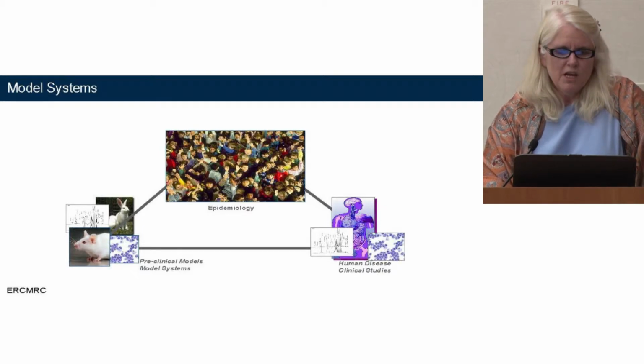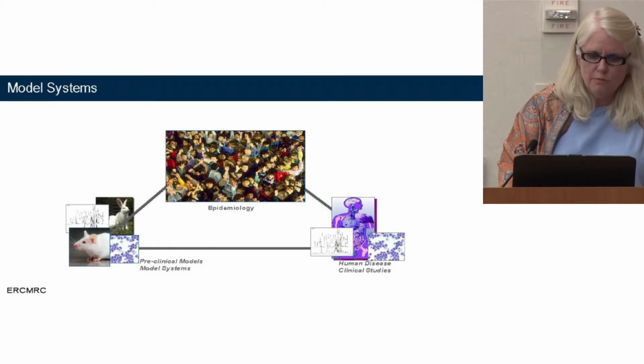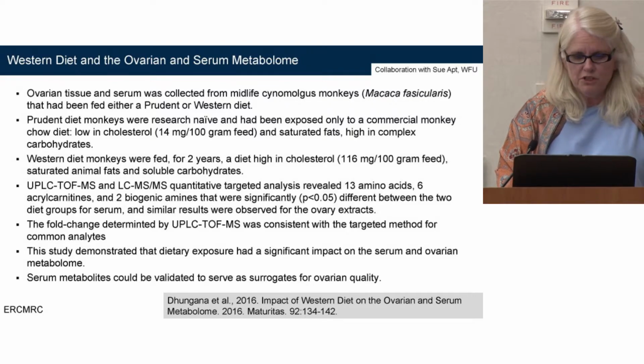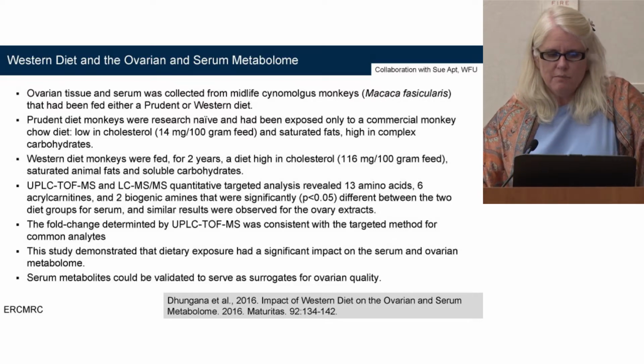5 minutes? Okay. So we have done some work on diet and the ovarian and serum metabolome. These studies were conducted with Sue App at Wake Forest University, and she had serum and ovary samples from monkeys that had been either on a prudent diet or a Western diet for 2 years.